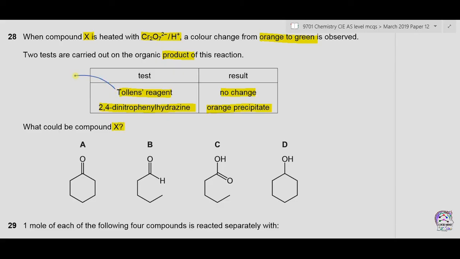You should know that Tollens' reagent gives a positive result with aldehydes, and 2,4-dinitrophenylhydrazine gives a positive result with both aldehydes and ketones.